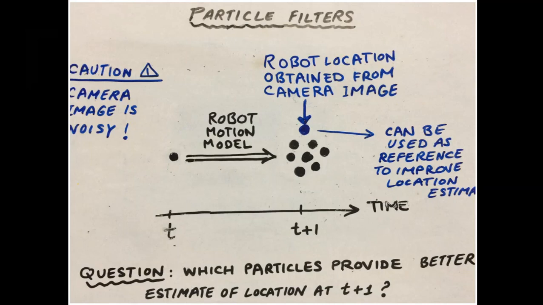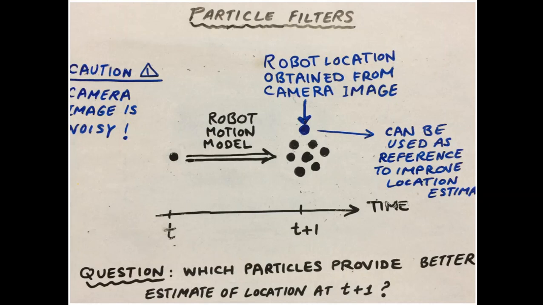Now the question over here is that we have two sets of particles, one of them based upon the robot motion model, the black ones, and the blue one obtained from the camera image. Both carry some level of uncertainty, either due to the robot motion model or the noise in the sensor, which in this case is the camera image.